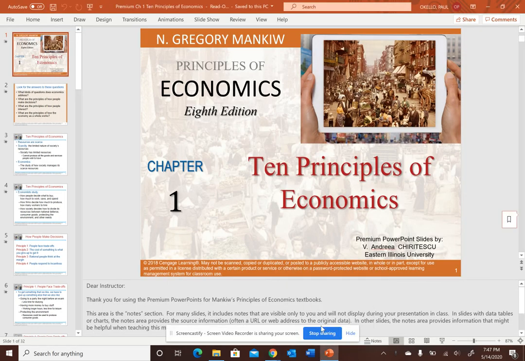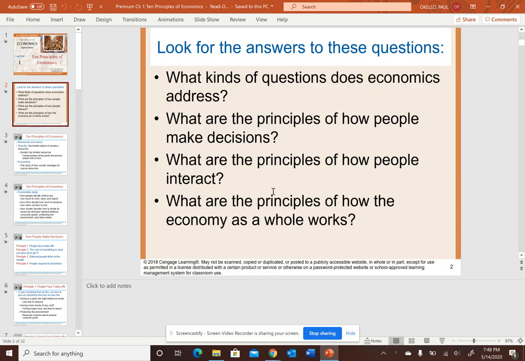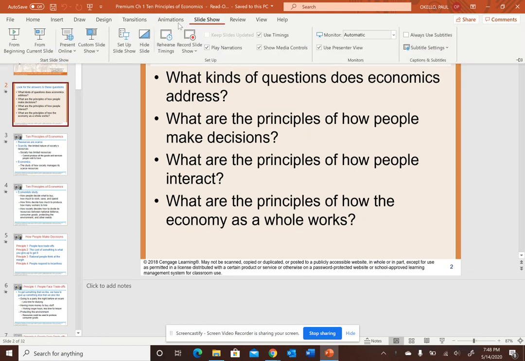Hello, students. This is chapter one, dealing with the 10 principles of economics. And in this chapter, the key questions that we seek answers to are as follows.